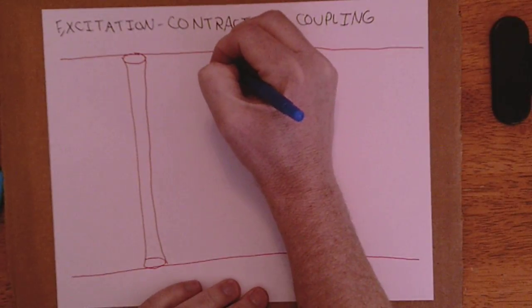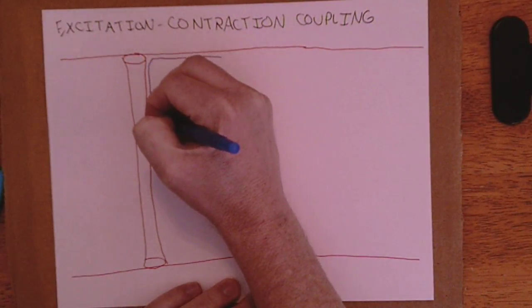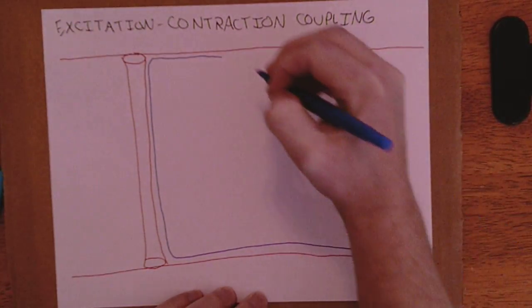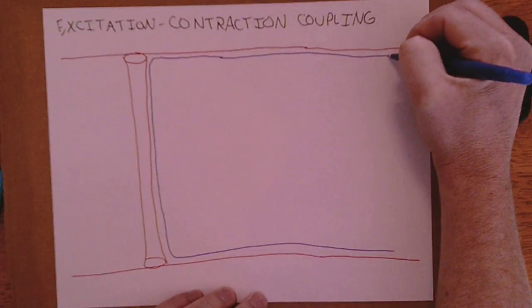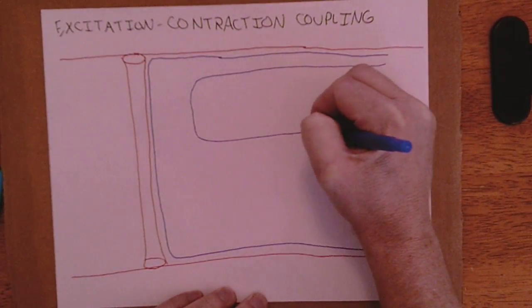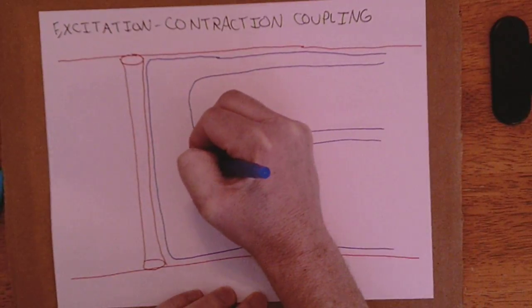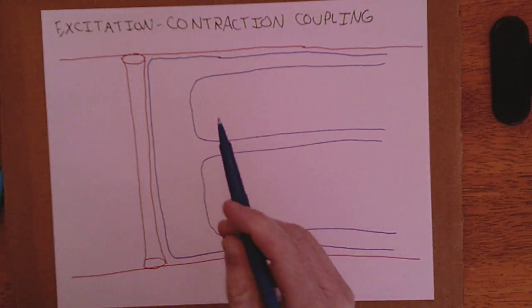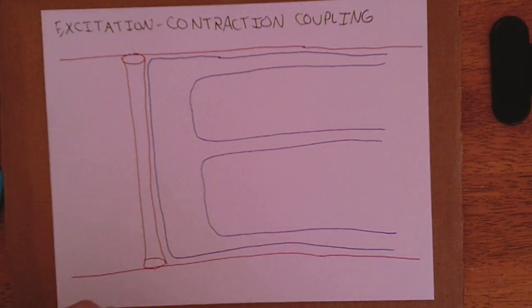And then what else is important is to remember the smooth ER, or the sarcoplasmic reticulum of the muscle cells, is deliberately allowed to pass very close to those transverse tubules, or the T tubules. Right? So what I've drawn here in blue, this is the sarcoplasmic reticulum.